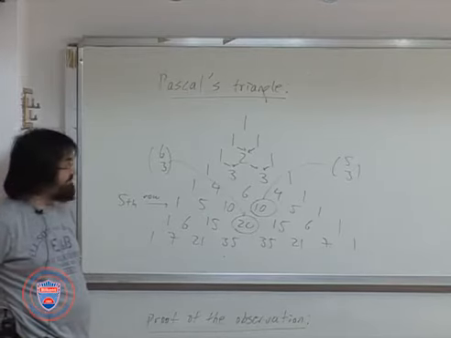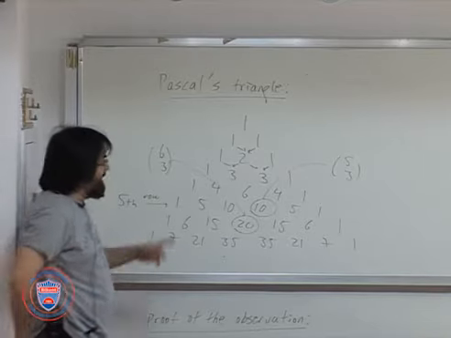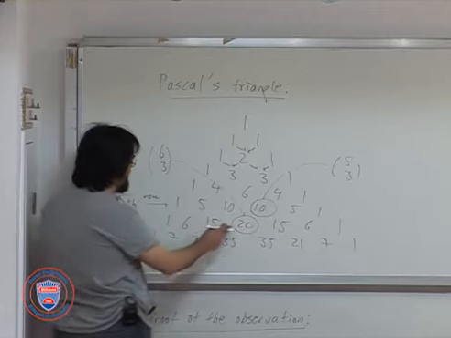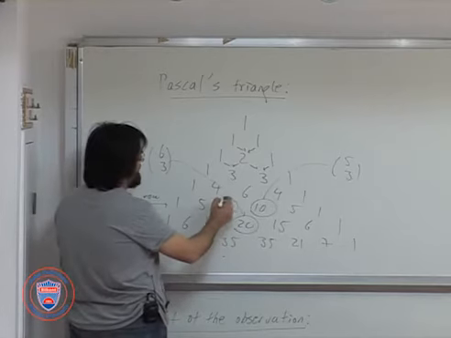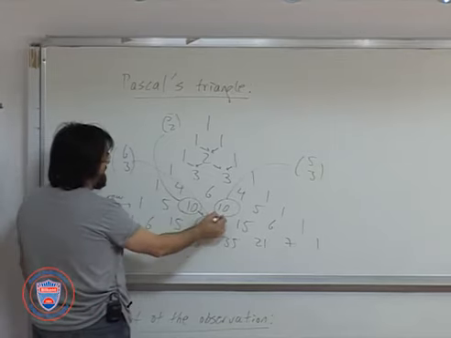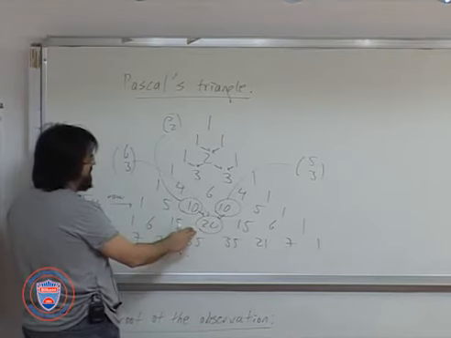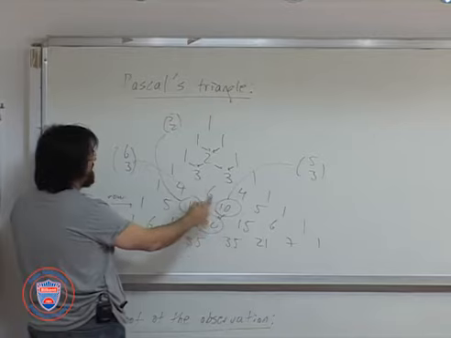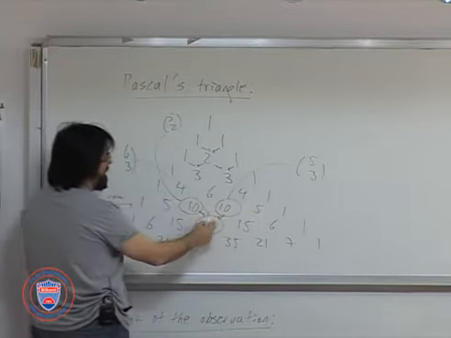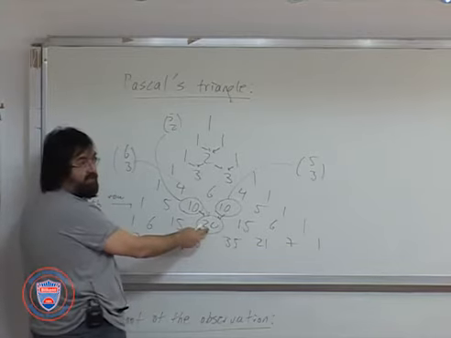First of all, it's exactly saying the same thing as that observation. See, this is 6 choose 3, this is 5 choose 2. So this, which says to obtain a new row by summing these numbers, means you're summing 5 choose 2 with 5 choose 3 to get 6 choose 3.